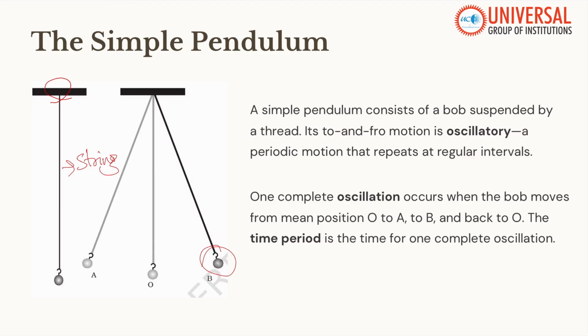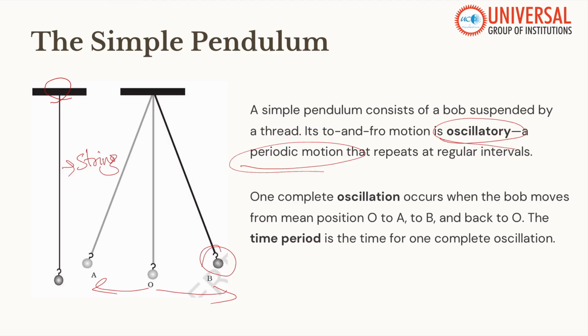When the bob is slightly displaced from its mean position and released, it moves to and fro. This to and fro motion is called oscillatory motion, also known as periodic motion.